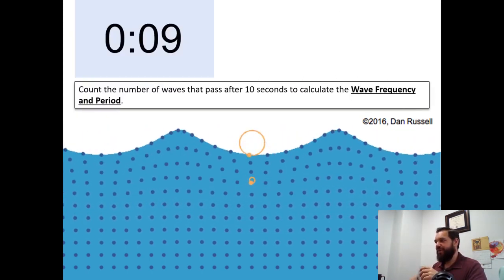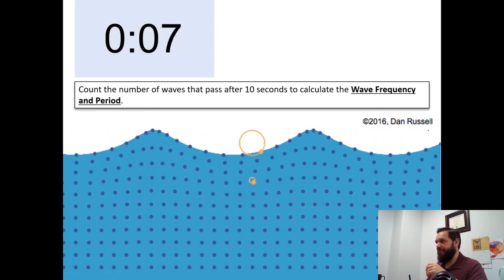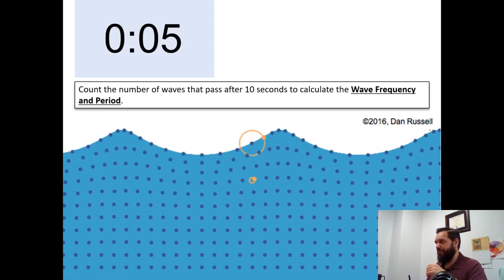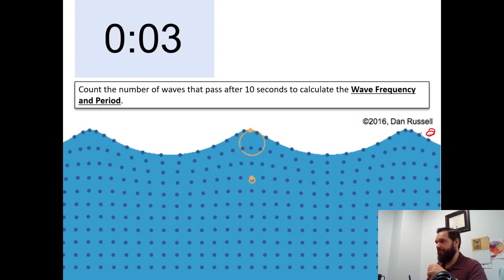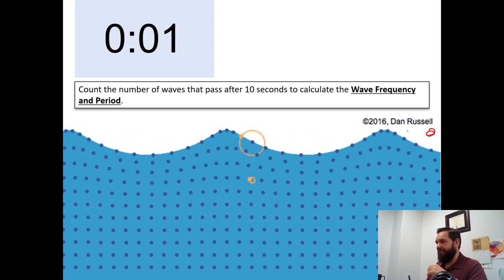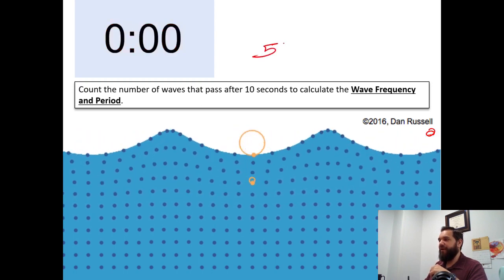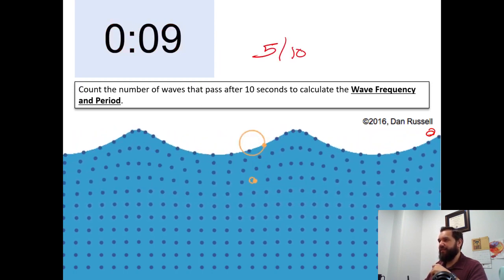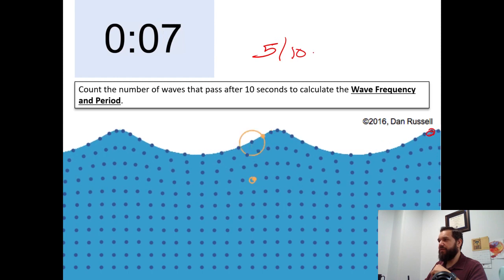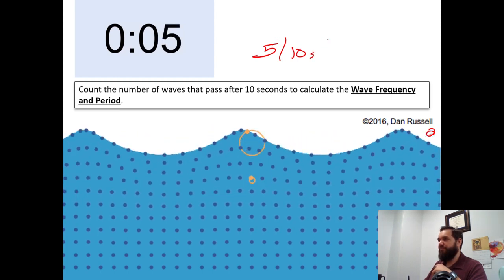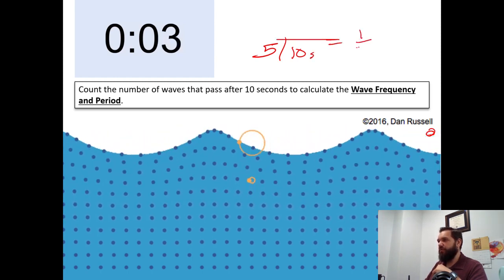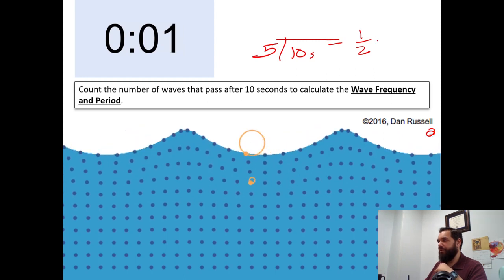Okay, so 1, 2, 3, 4, 5. There were 5 waves per 10 seconds, right? So what is that frequency? That is equal to 1 over 2, 1/2 per second.